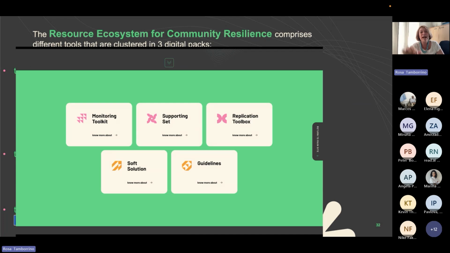This is a mock-up. And as you can see, we have three digital packs. They include several tools, including for analytical monitoring, a resilience toolkit, but also tools for supporting systemic community resilience, such as an atlas, a decision support system, and the multi-hazard early warning detection system. So we have several tools, and we also provide soft solutions.